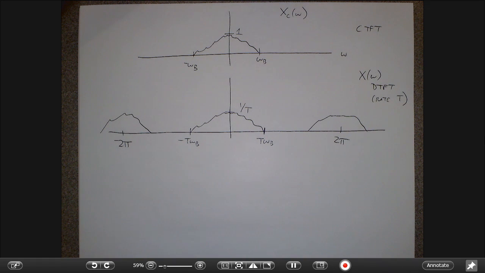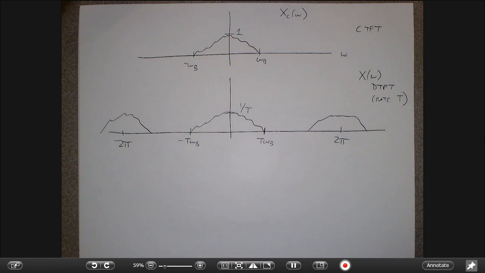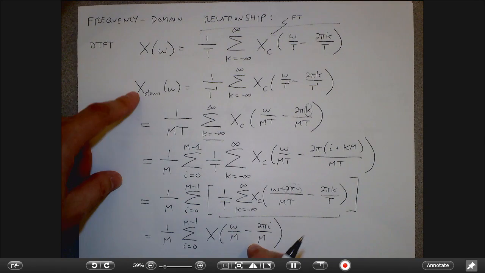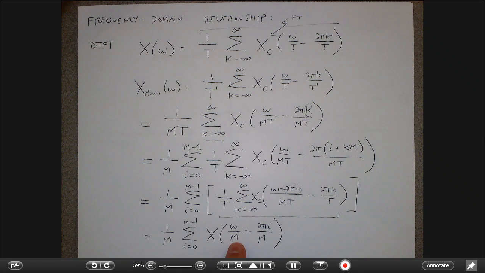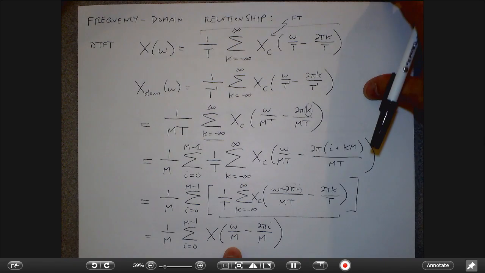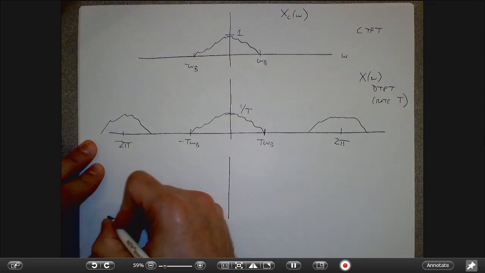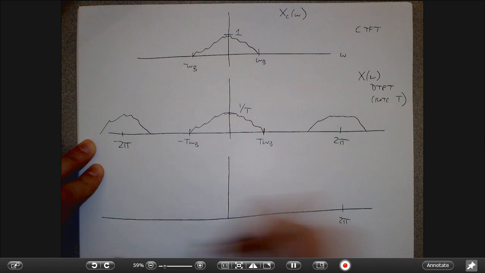What is this thing telling us? This is telling me that to get to the new downsampled signal, fundamentally what I'm doing is making copies and stretching the frequency axis out by a factor of M. So I am still getting 2 pi periodic copies.